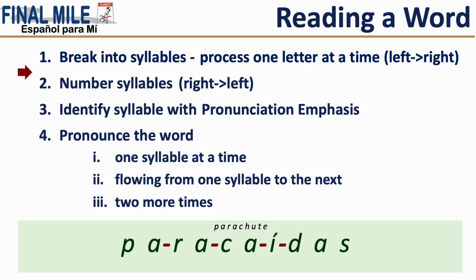We number the syllables. We identify the syllable with pronunciation emphasis. And we pronounce the word first one syllable at a time: pa, ra, ca, í, das. Then we flow from one syllable to the next by stretching the vowels.